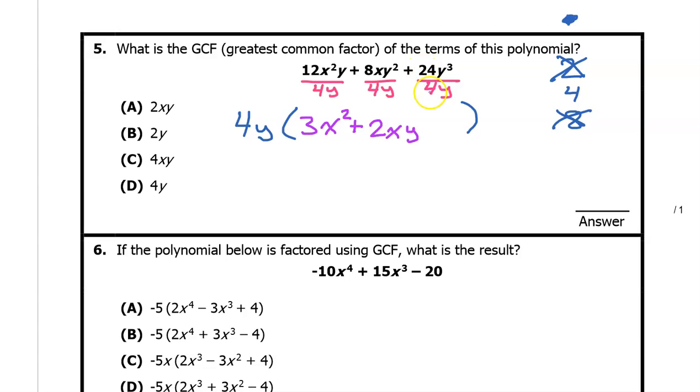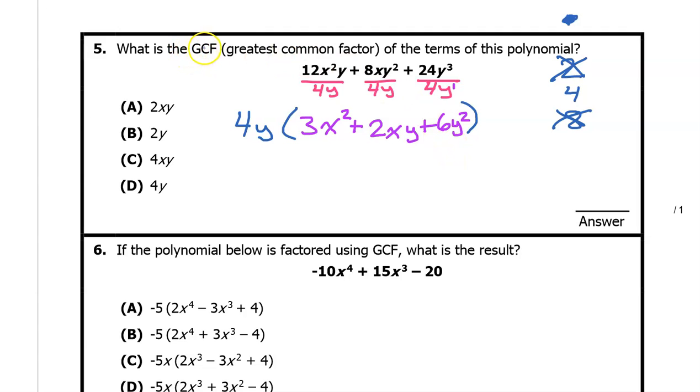So we have 24 divided by 4, that is 6. Now y to the 3rd power divided by y is going to be y squared. And again, you can either think of that as doing 3 minus 1, and that gives you y squared, or you can think of it as the y in the denominator cancels out one of the y's in the numerator, and that leaves 2 y's left. Either way, this is the final answer.